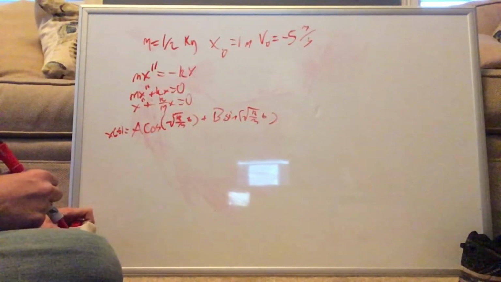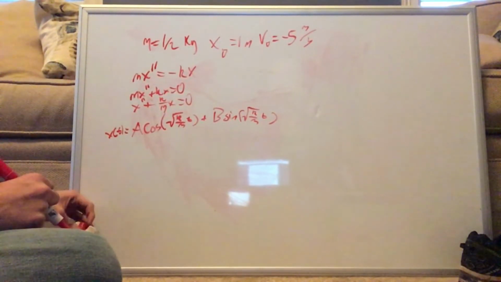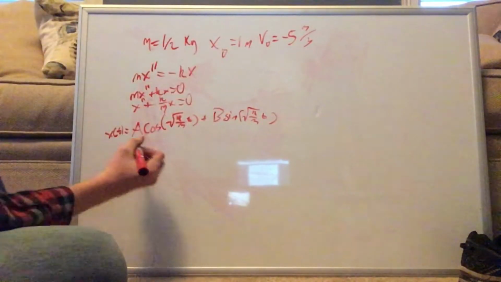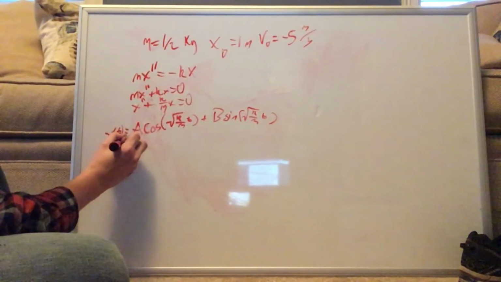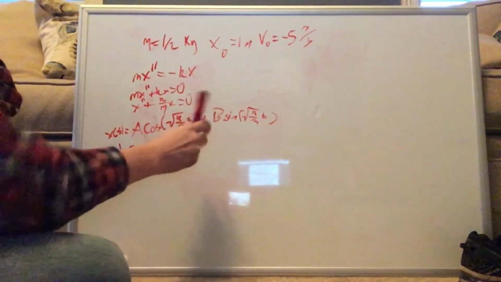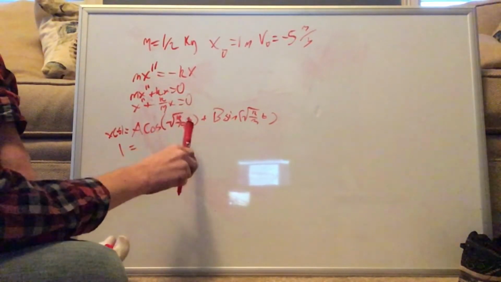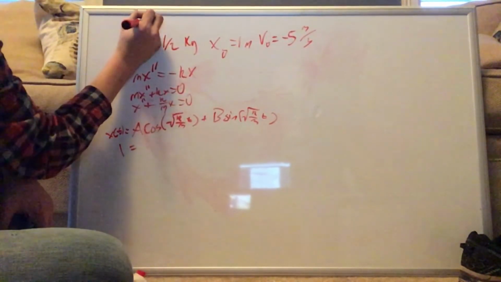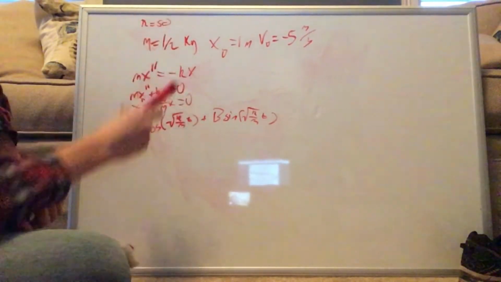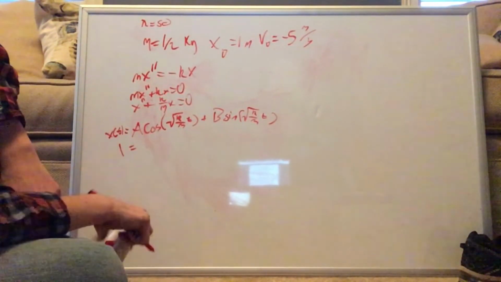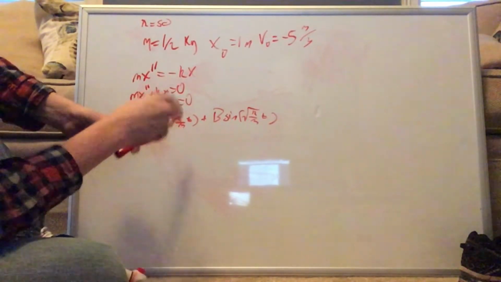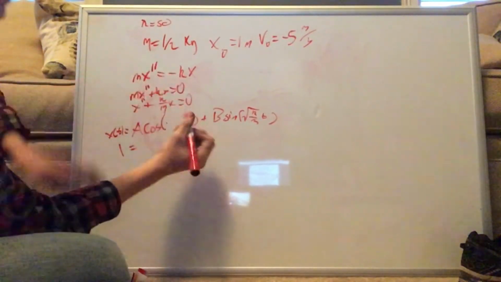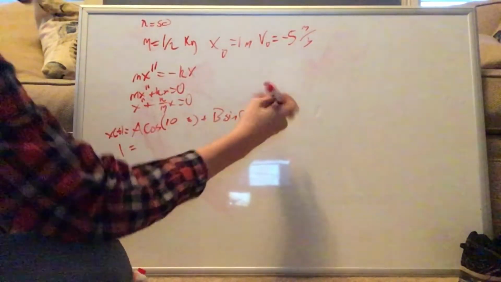Okay, so now we need to find out what A and B are, and we can just use these initial conditions. So x of 0 is 1. 1 equals a times cosine of square root of k over m times t. K is 50, m is 1/2, so that's just the square root of 100, which is 10.